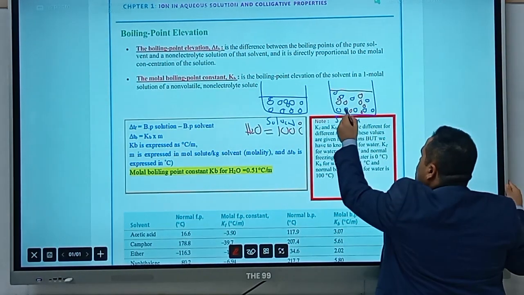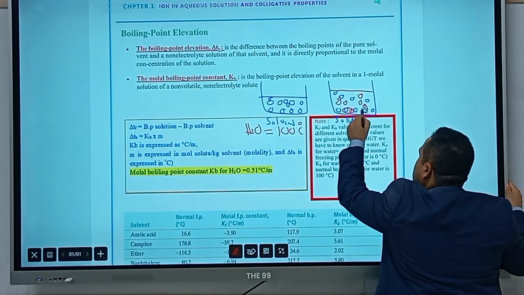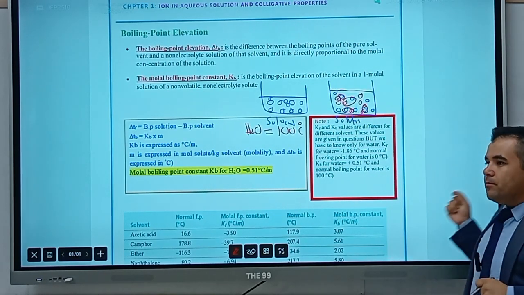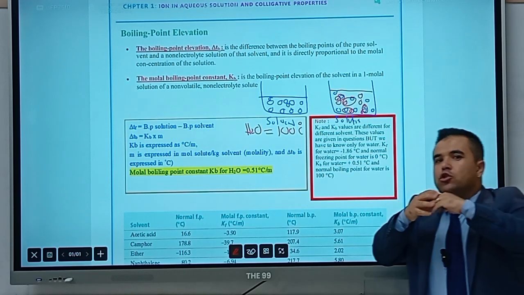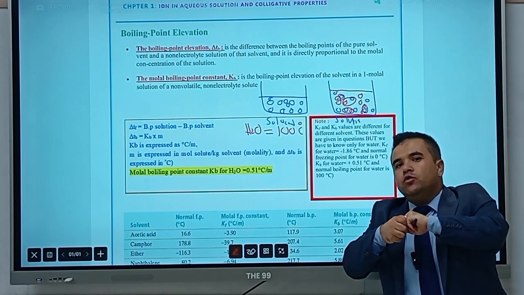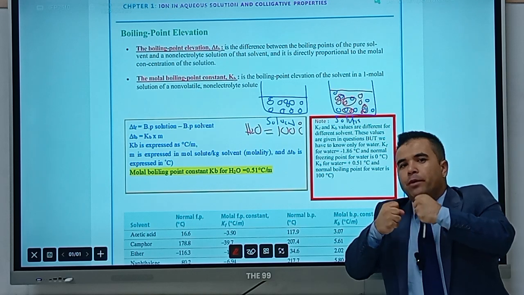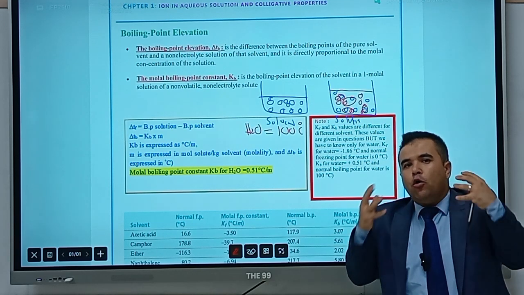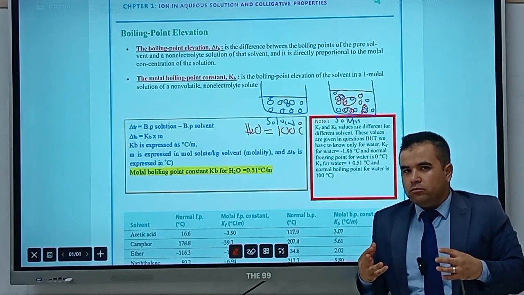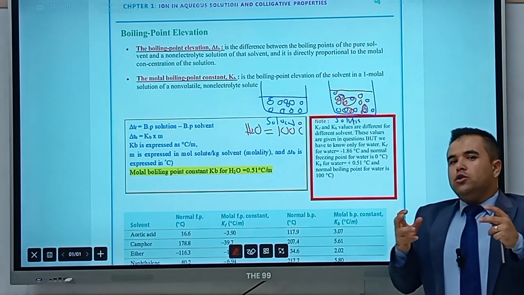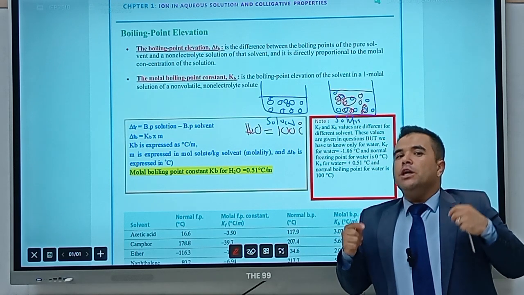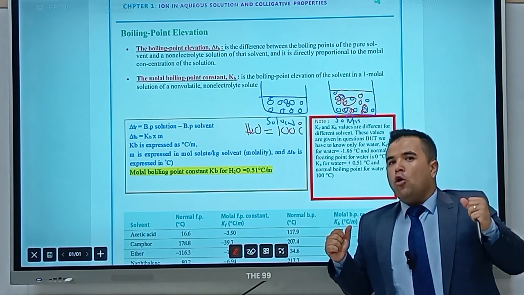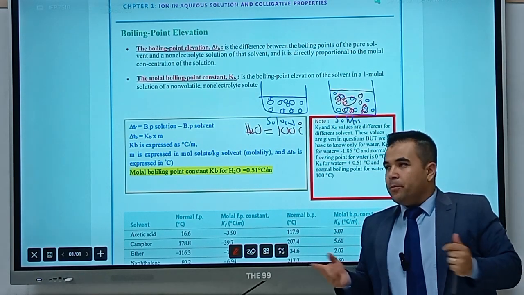As we add more solute, there will be attraction between the solute and the solvent. And as the solute and the solvent attract, we have to provide more energy to break the attraction and let the molecules of water boil. Providing more energy means that we have increased the temperature, or increased the boiling point of the solution.